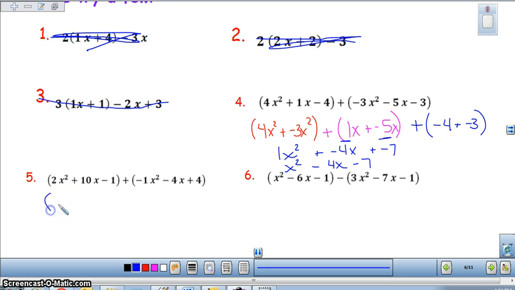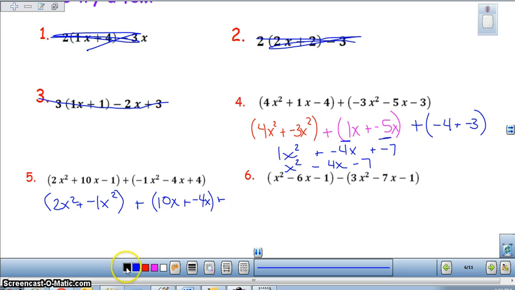Again, we're going to group 2x squared plus the negative 1x squared. Boy, some of my writing is tough on these. Sorry about that. We are then going to group the x terms. We have a positive 10x, oh, I thought I changed color on you, and a negative 4x. Add our constants.